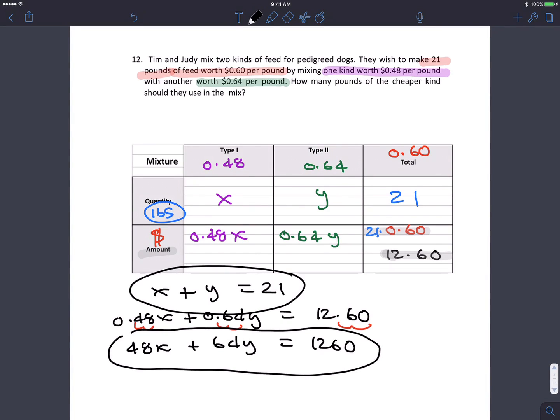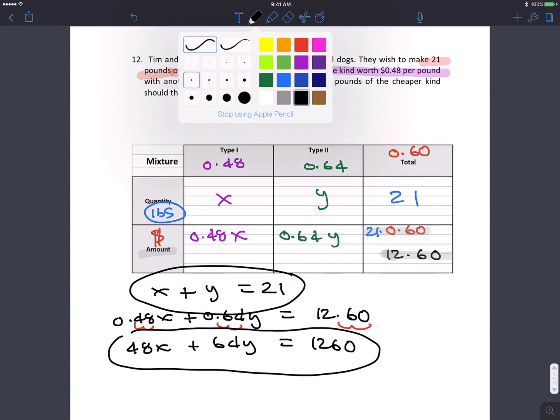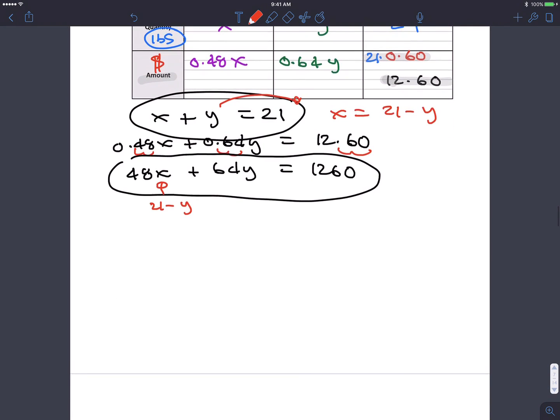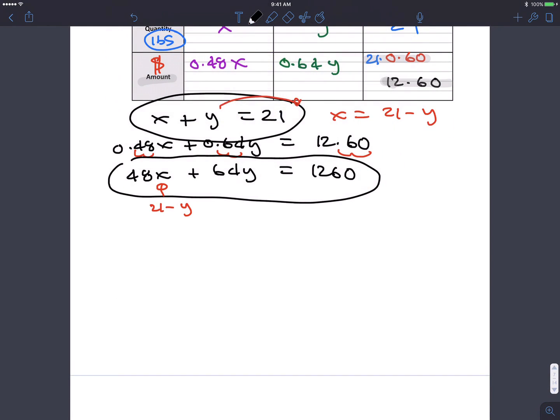What we're going to do now is use the substitution method, and we're going to find the quantities. Now, I'll say translate your y, and so you get x is really 21 minus y. Plug that in the second equation, and let's do some algebra. 48 times 21 minus y plus 64y is 1260.